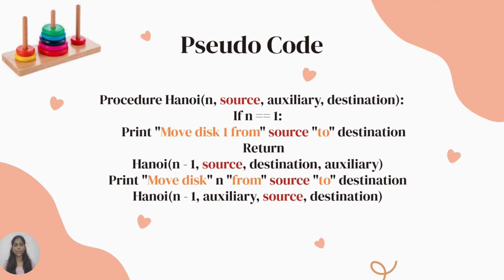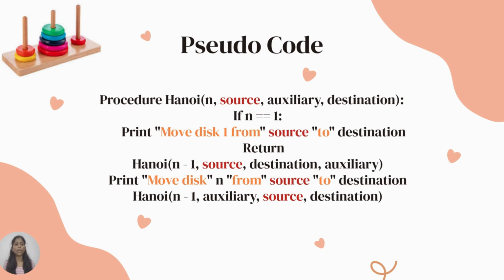Here is the pseudocode for the Tower of Hanoi. It uses a recursive procedure called Hanoi that takes four arguments: the number of disks n, the source peg, the auxiliary peg, and the destination peg. If there is only one disk, we move it directly from source to destination.